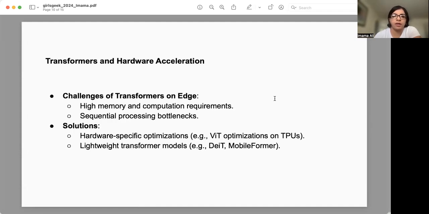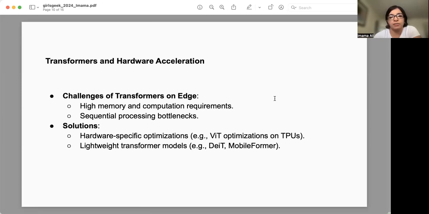And with transformer and hardware acceleration, basically transformer networks are very huge compared to convolutional networks. So there's a high memory and computational requirement, and there's a sequential processing bottleneck. So people try to deploy these networks on different resources in parallel and be able to get rid of the performance bottleneck.